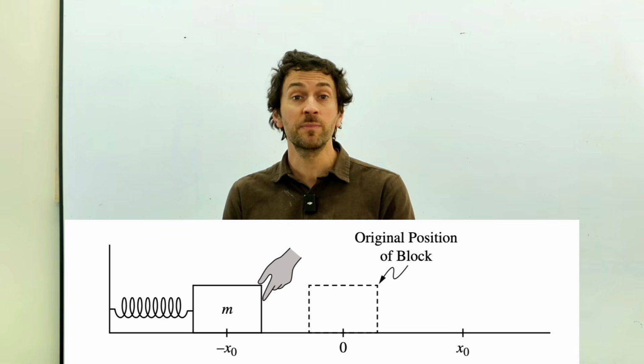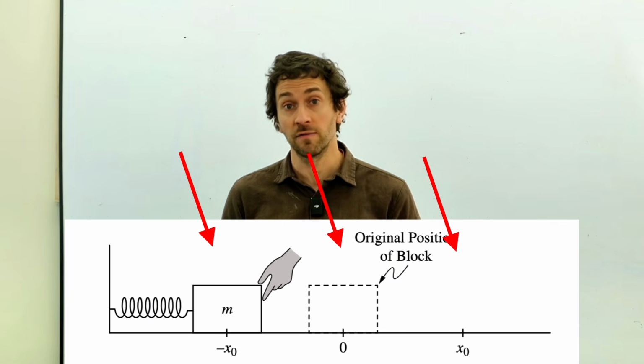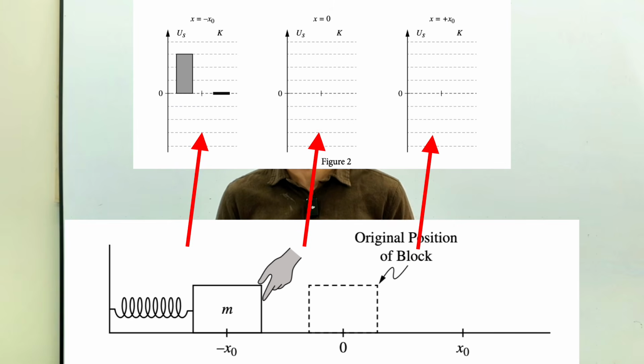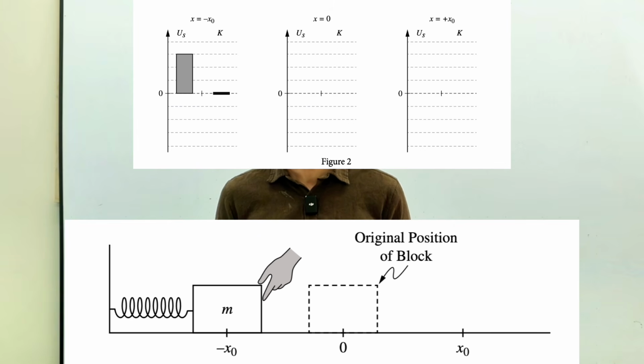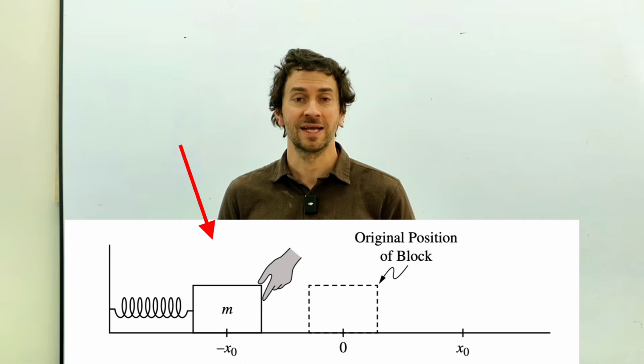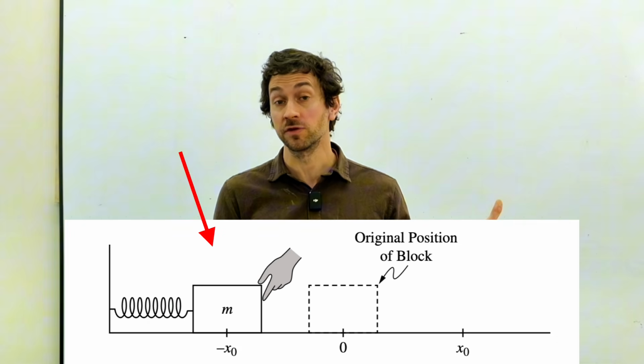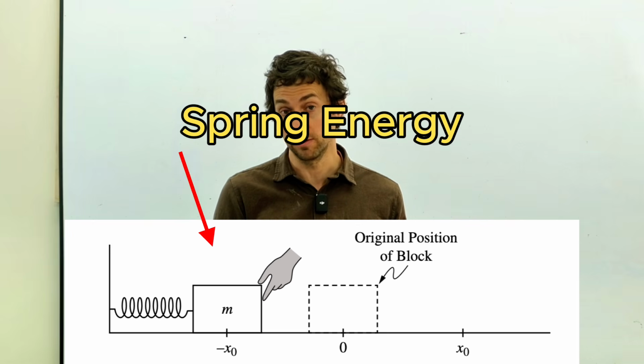There are 3 positions that we care about for this block, and there are 3 energy bar graphs that go with that. Now, when we think about oscillations, energy is a really helpful way to think about it. When the block is at x equals negative x0, it's going to have full extension of the spring, and there we'll have spring energy.